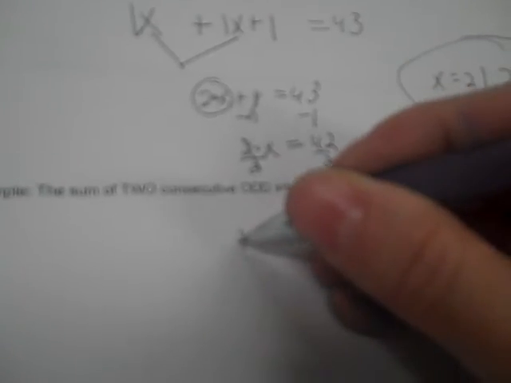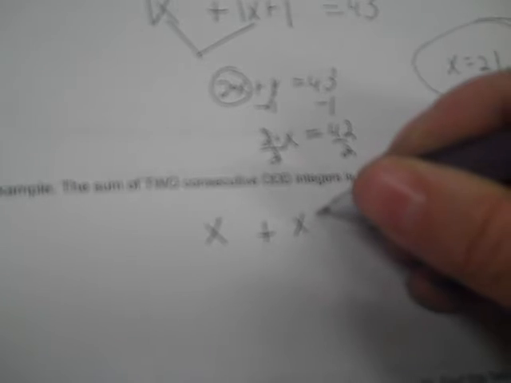Sum of consecutive odd integers is 20. Find the 2 integers. Okay, so there's 2 of them, so just a plus. They add up to 20. Okay, odd. What's the sequence for unknowns with odd? X and X plus 2. I don't need the X plus 4 because there's only 2 of them. Again, X and X plus 2. That's the sequence for 2 consecutive odds.